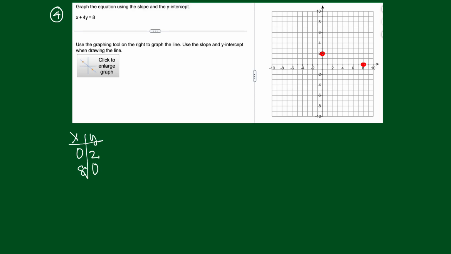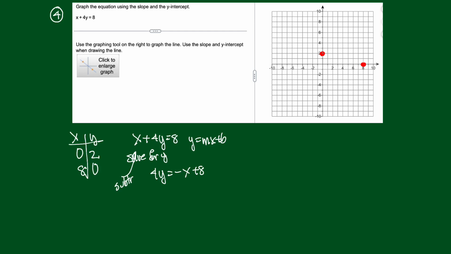They're asking us to use the slope-intercept form. So let's get this in slope-intercept form. We've got x plus 4y equals 8. Now, I want to get it in this form here, or y equals mx plus b. So I'm going to solve for y. So let's subtract that x. So we will get 4y equals -x plus 8.